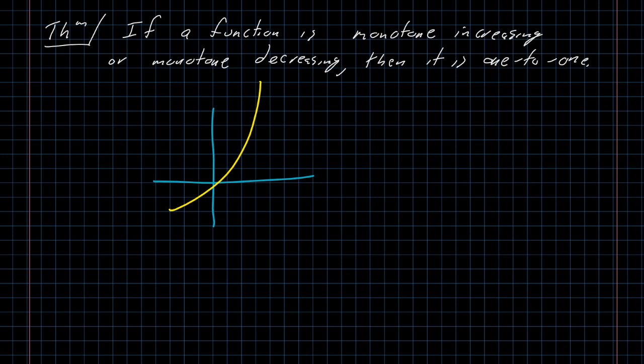Regardless, it is never going to hit a point where it doubles back on itself, and even if you zoom out, it will still never double back on itself. So that is a nice way of testing whether a function is one-to-one.